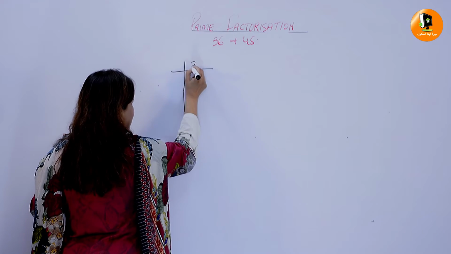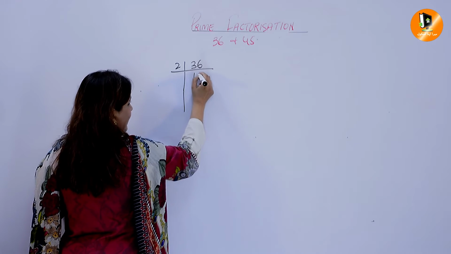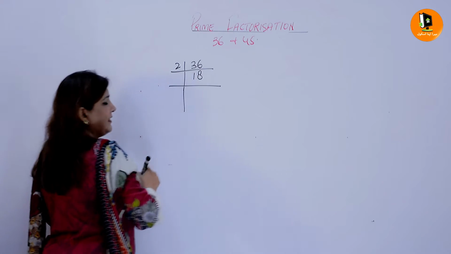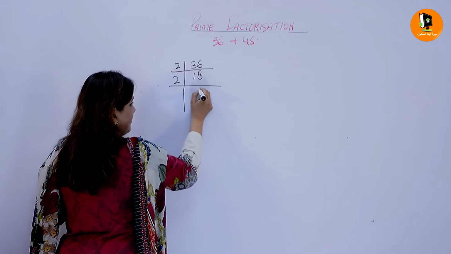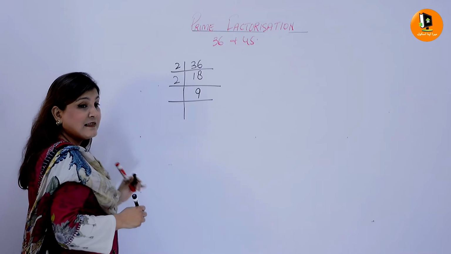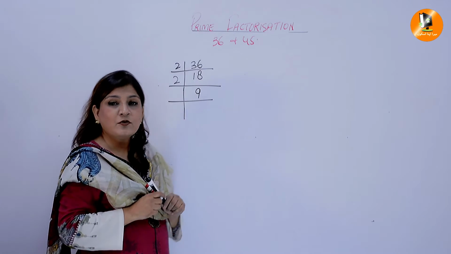If we divide 36 by 2, 2 ones are 2, 2 eights are 16, right? Now again we divide by 2 because it's an even number, 2 nines are 18. Now 9 is an odd number, so 9 does not come in the table of 2.